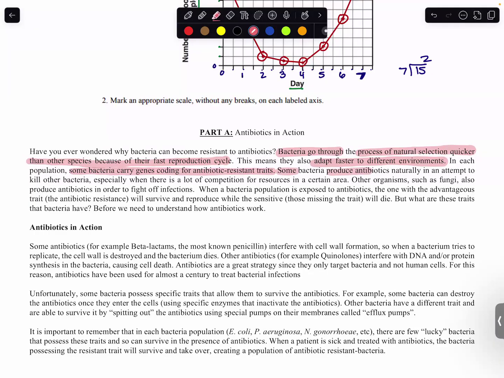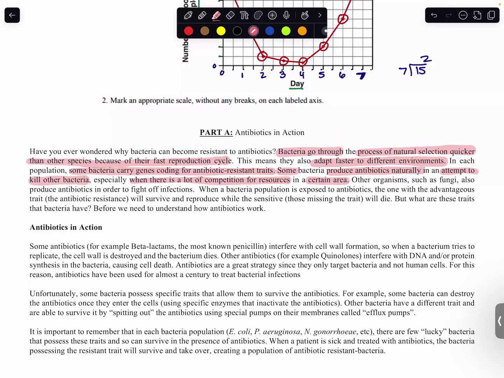Some bacteria produce their own antibiotics naturally in an attempt to kill other bacteria, especially when there is a lot of competition for resources in a certain area. So if you remember from the caves example, those cave-dwelling bacteria were producing antibiotics to fight off other bacteria in that given area, right?